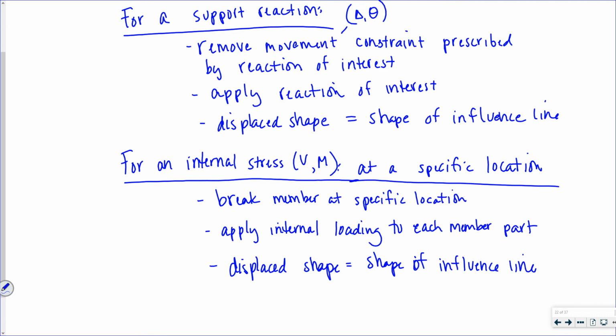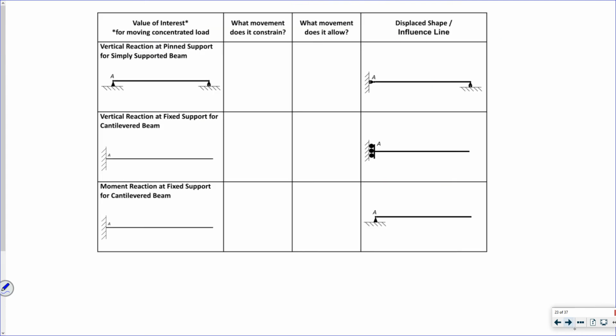So I'm going to give you a couple of examples. Here we have, and this is all for a moving concentrated load, just FYI. We want to know the influence line for a moving concentrated load along a simply supported beam.